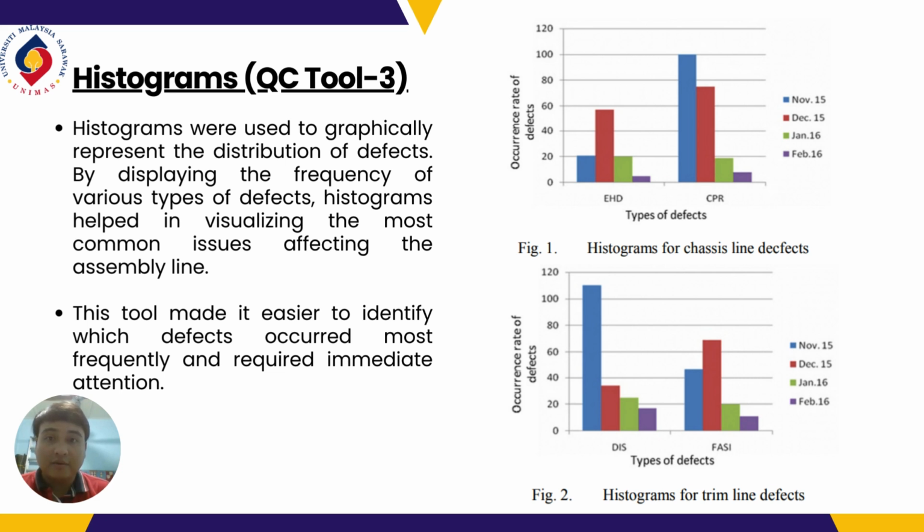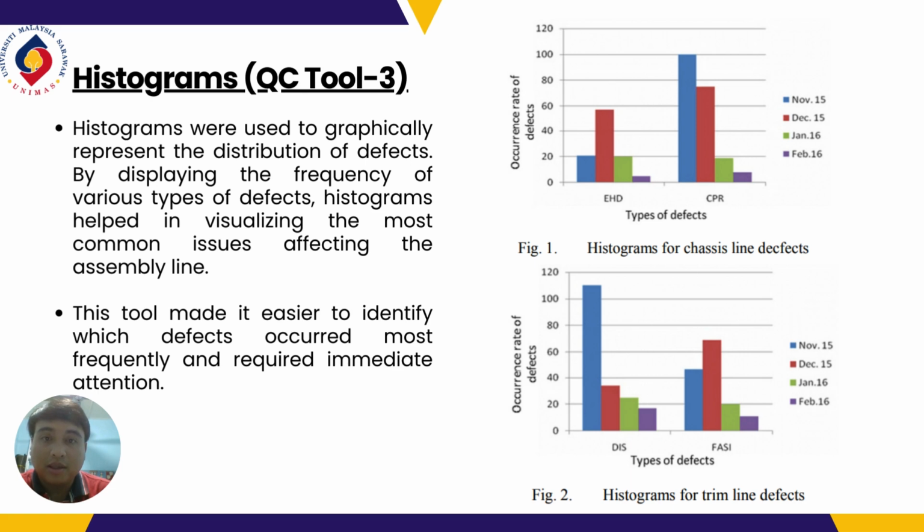For the next slide, I will present the next quality control tool, number three, which is the histogram. The histogram was used to graphically represent the distribution of the defects, formed as a bar chart. By displaying the frequency of various types of defects, the histogram helps in visualizing the most common issues affecting the assembly line.